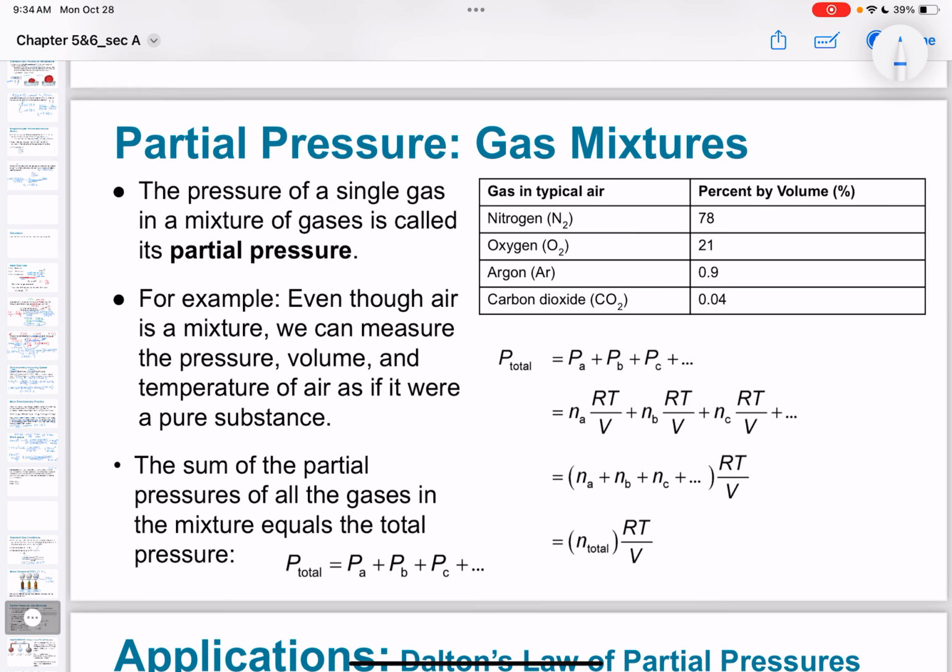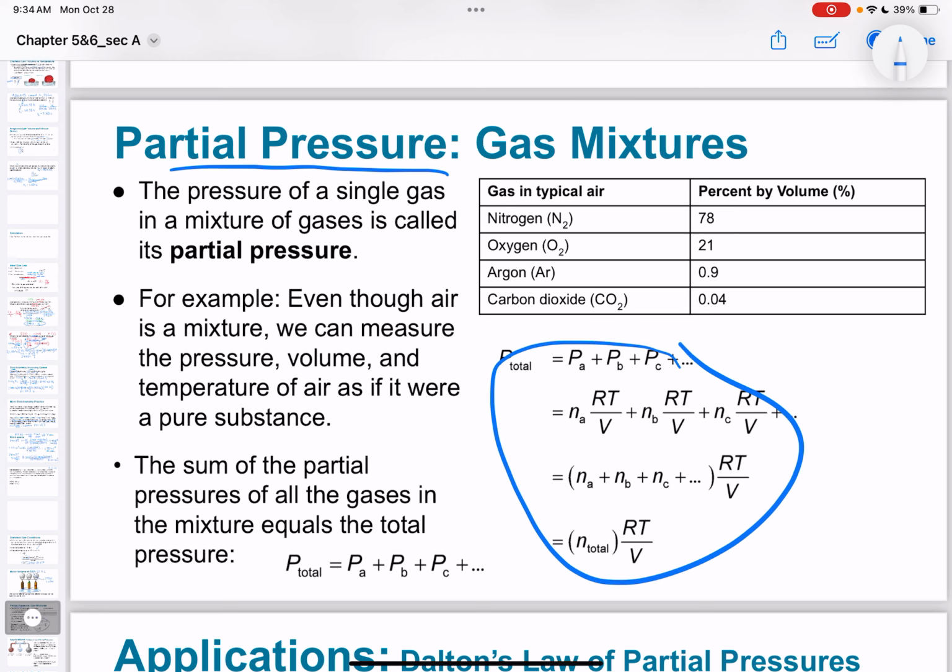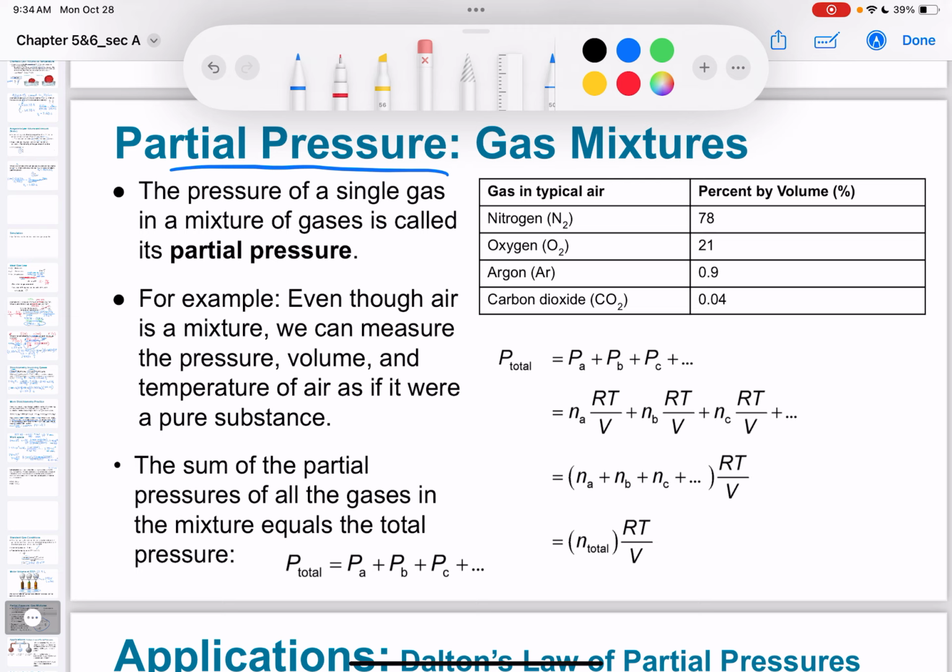The second one is the idea of partial pressures. And I know this slide probably looks a little bit intimidating with all of this kind of breakdown stuff. I would say in general, all you really need to take from this is the first part, which tells you that the overall total pressure is the sum of all of the individual pressures of a gas that is in some mixture.